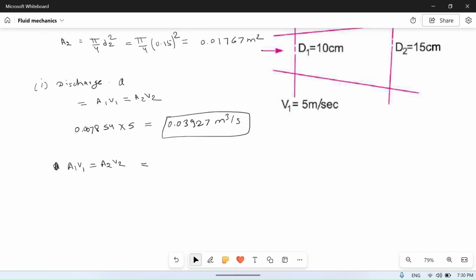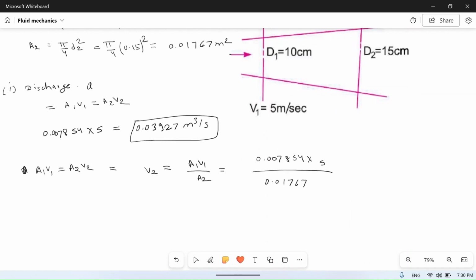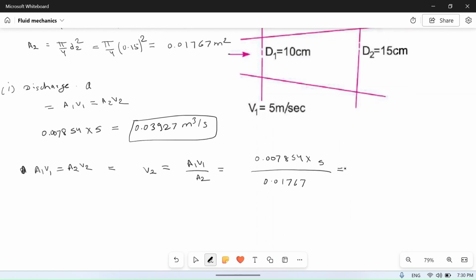So from here we get V2 is equal to A1 V1 by A2, which will be equal to 0.007854 into V1, which is 5, divided by 0.01767. So it will be equal to 2.22 meter per second. So this is the velocity at section 2.